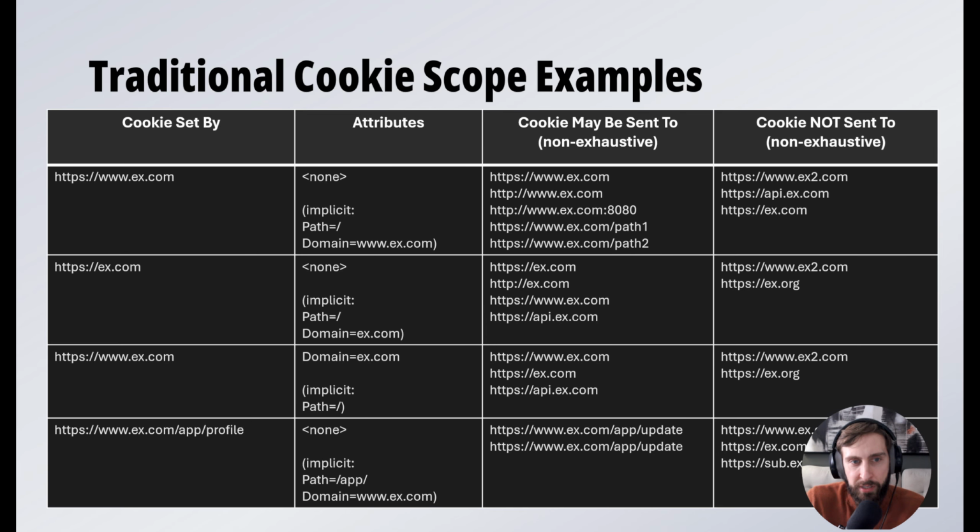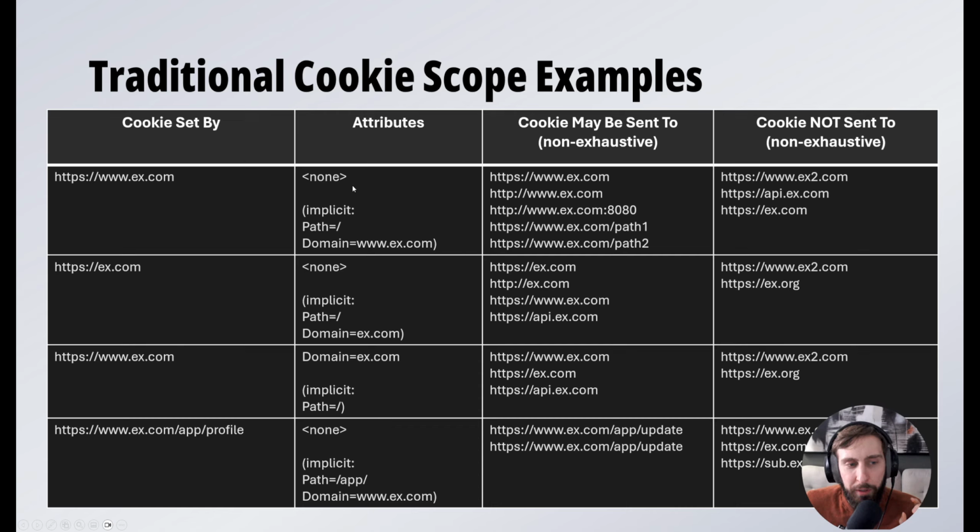So I put together this table of just some simple examples, and I call this traditional cookie scope because we're not considering some of the other mechanisms that are more modern that restrict when and under what circumstances browsers send cookies. These are just showcasing some basic examples. Looking at the first line, we have a cookie set by www.ex.com, and I'm going to say that it's not set with any attributes.